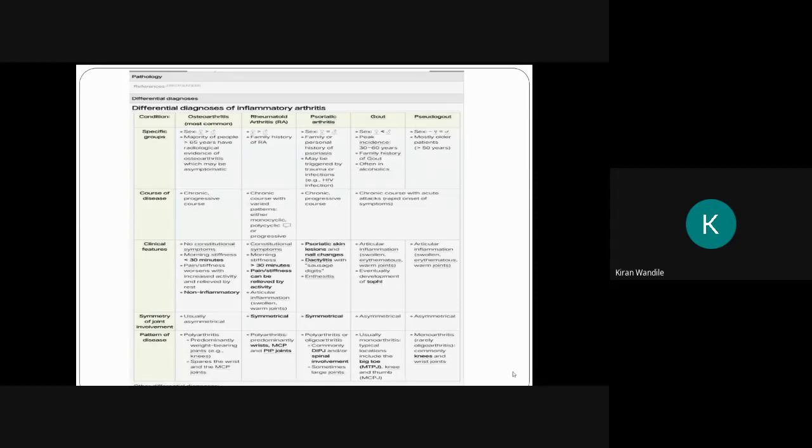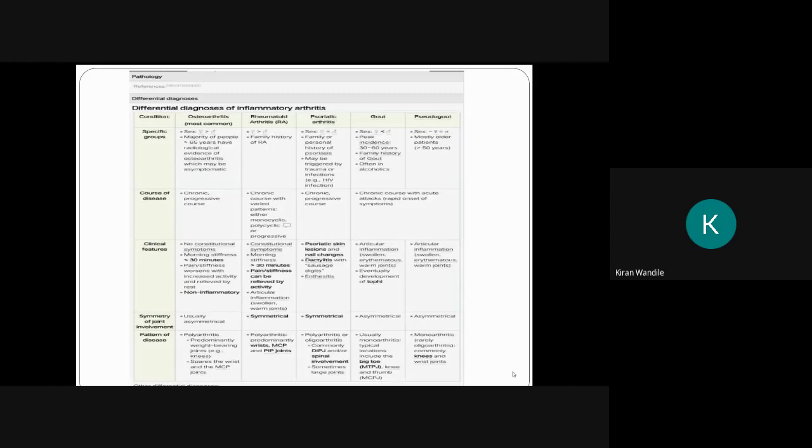You must know the difference between osteoarthritis and rheumatoid arthritis. In a patient, if the DIP joint is involved, you must suspect osteoarthritis, not rheumatoid arthritis. Mainly the weight-bearing joints of the lower limb are involved in osteoarthritis.